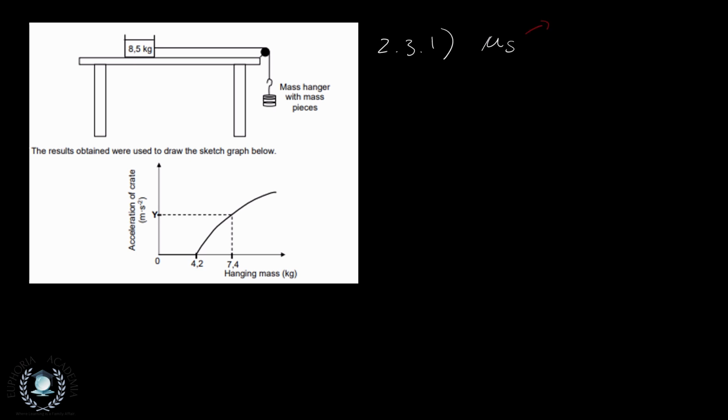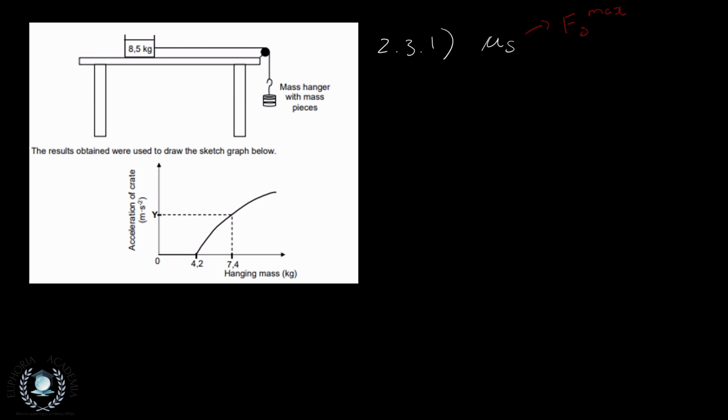To find the coefficient of static friction, we know that we have to use our maximum static friction. This is the point where there's just about to be motion. So there's no motion, but maybe in a couple of milliseconds, we're going to have some motion.